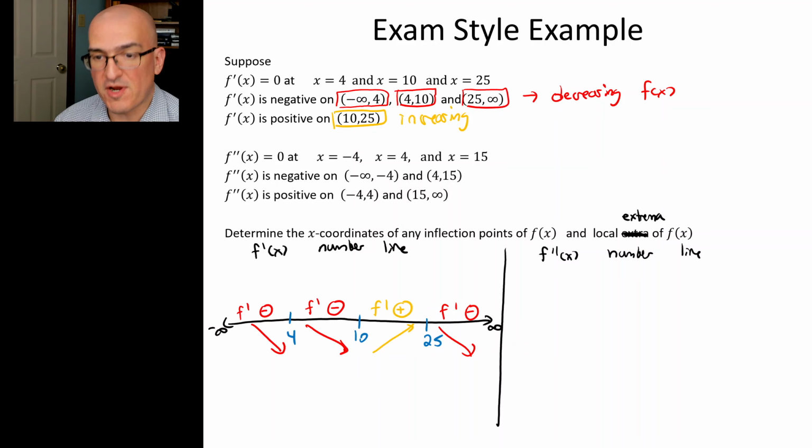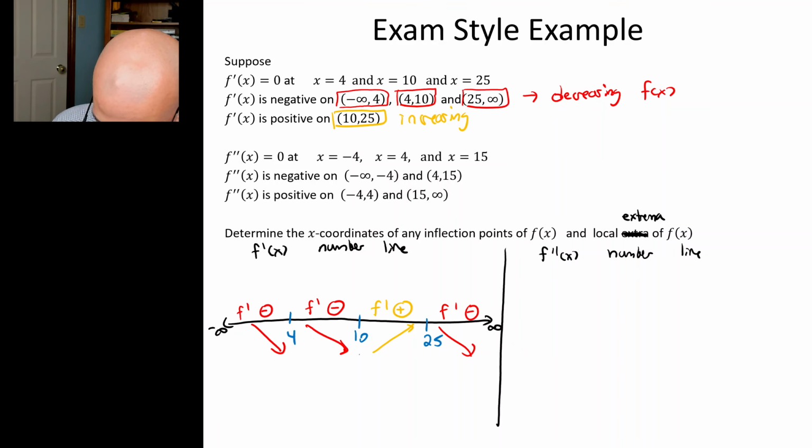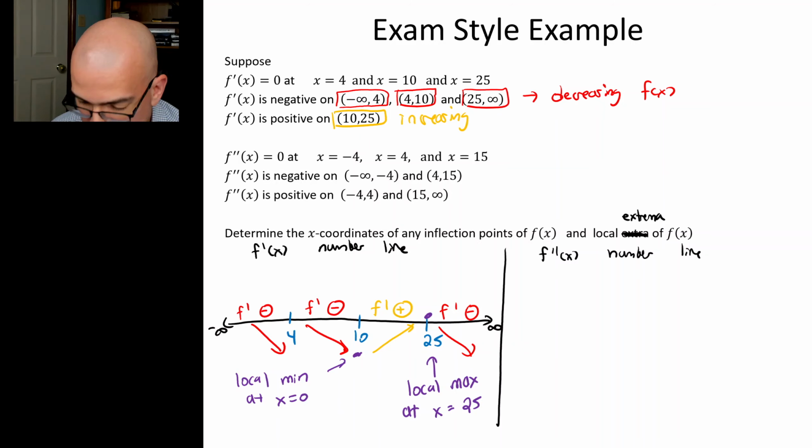Now, based on this picture, we can tell that there is a local min at x equals 10, and we can tell that there's a local max at x equals 25.